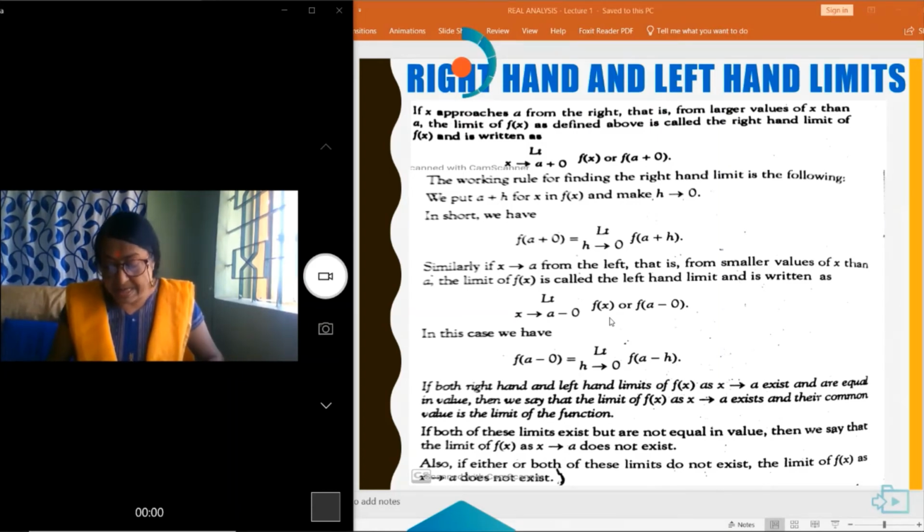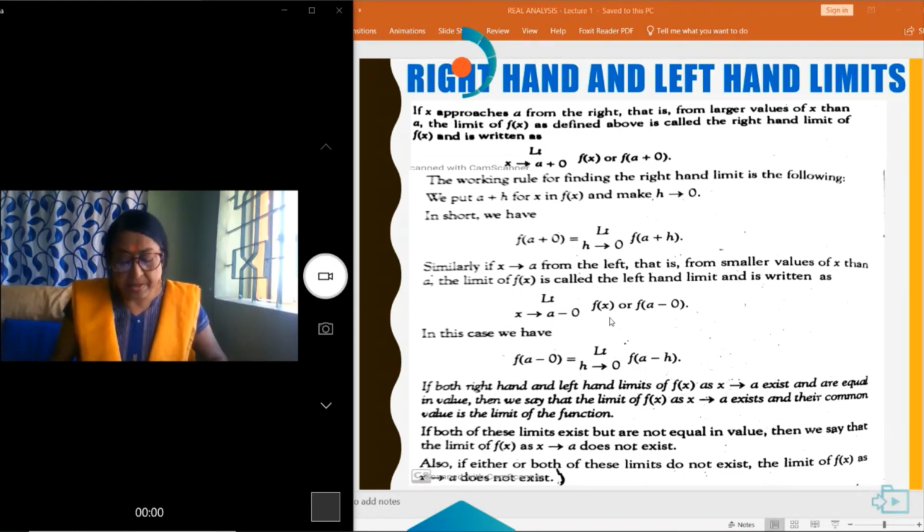If the limits exist but they are not equal, then the limit does not exist. And if one of them does not exist, then we say that the limit does not exist. Now we shall prove some theorems on limits.